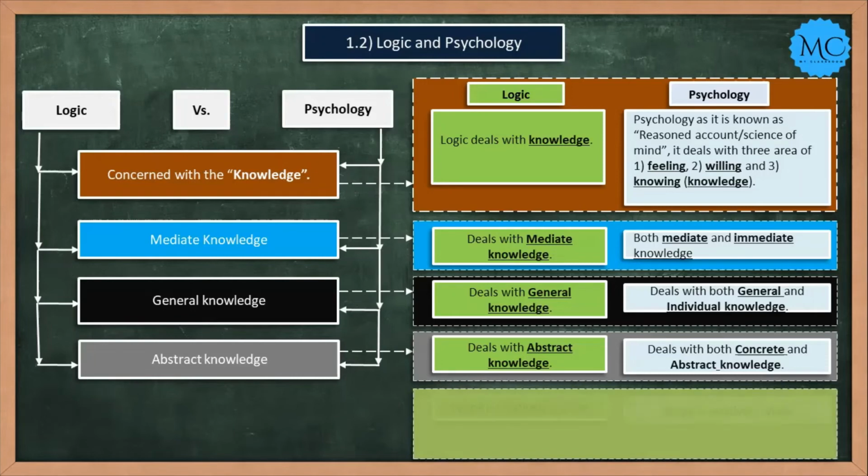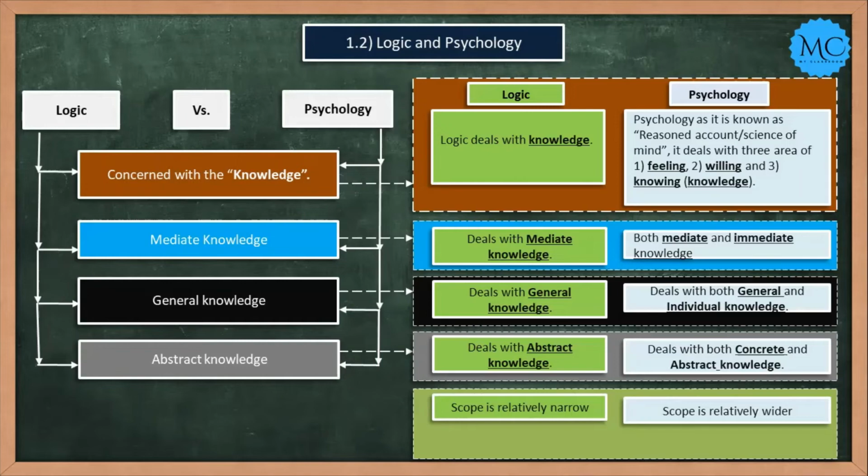Now let us see some differences. The scope of logic is relatively narrow. That means it has less scope than psychology. Why am I saying so? If you look at the first point, logic is dealing with only knowledge, whereas psychology is dealing with feeling, willing, and knowledge. In the second point, logic is only dealing with mediate knowledge, but psychology is dealing with both mediate and immediate knowledge.